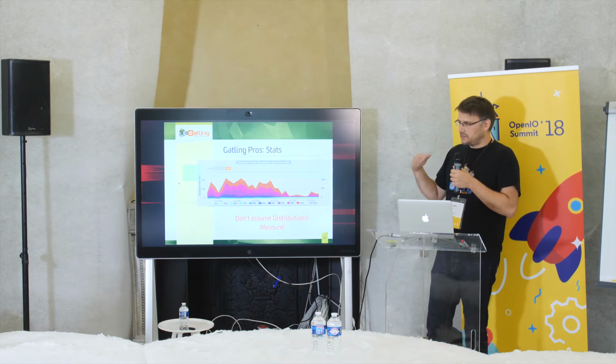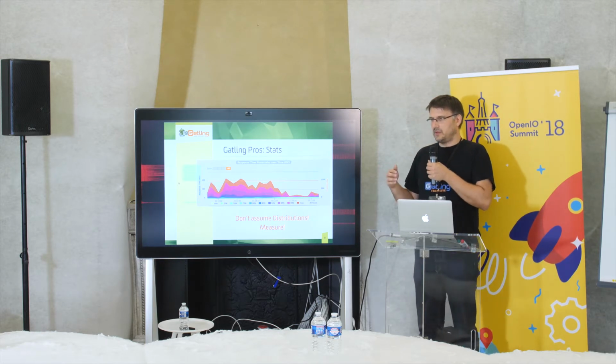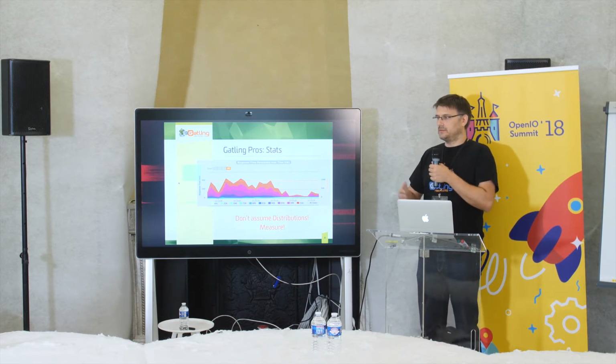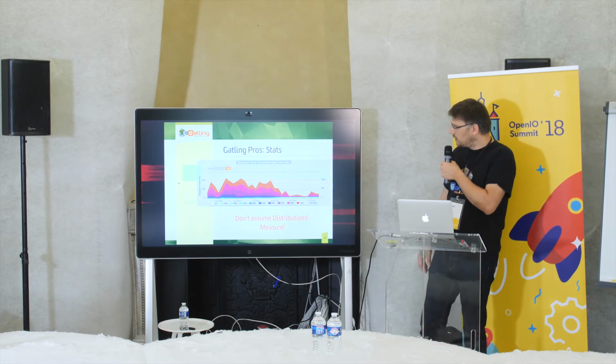Long time ago, most software reported average values, average response time. So this is not that good a metric. The problem is if you have a bad average value, yes, you have a performance issue. But if you have a good one, it doesn't mean that you don't have 20% of your users that are far beyond this average value.